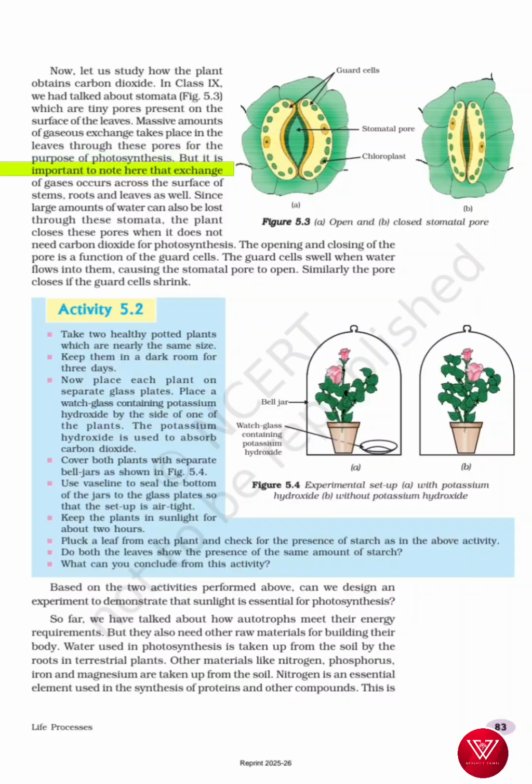But it is important to note here that exchange of gases occur across the surface of stems, roots and leaves as well. Since large amounts of water can also be lost through these stomata, the plant closes these pores when it does not need carbon dioxide for photosynthesis.